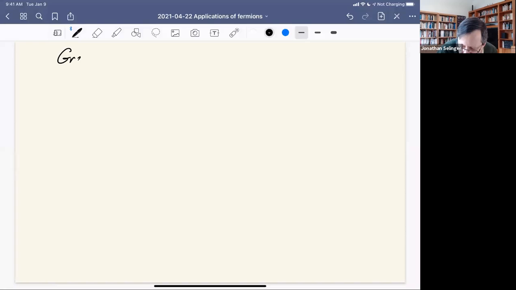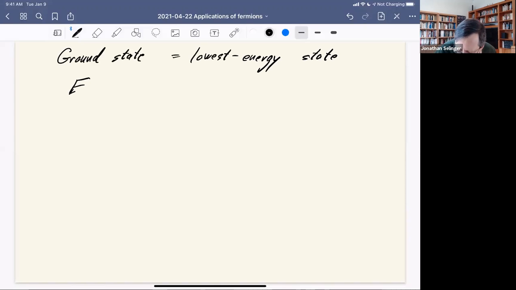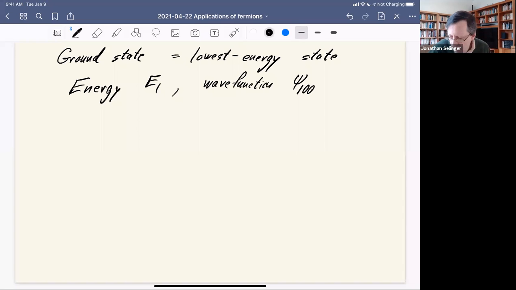Okay. So what's the ground state? The ground state is the lowest energy state. That means the energy is E1, and the wave function is psi 100 of r, theta, and phi.